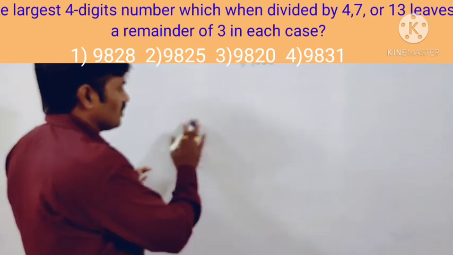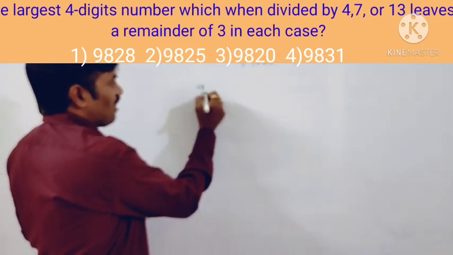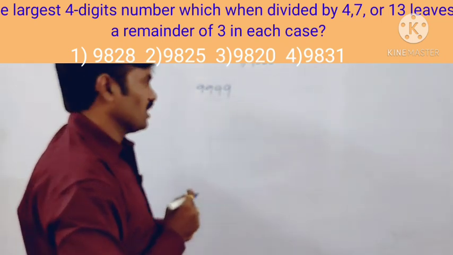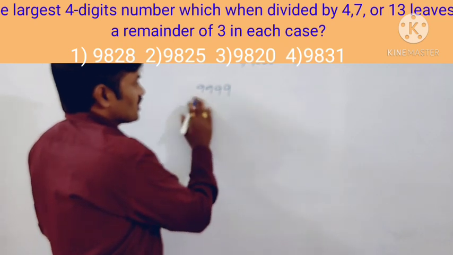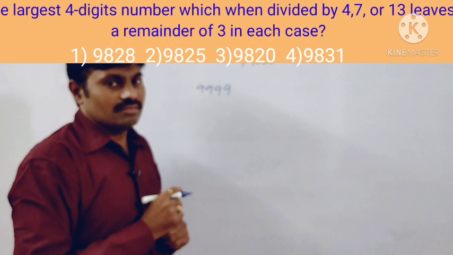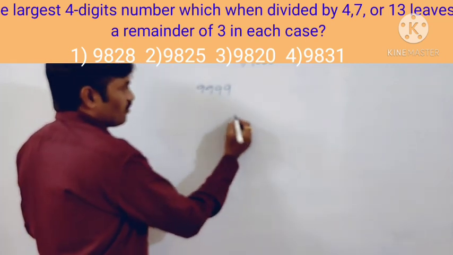So what is the largest 4-digit number? Actually it is four nines. This must be divisible by 4, 7 or 13 but leaving the remainder 3. How?